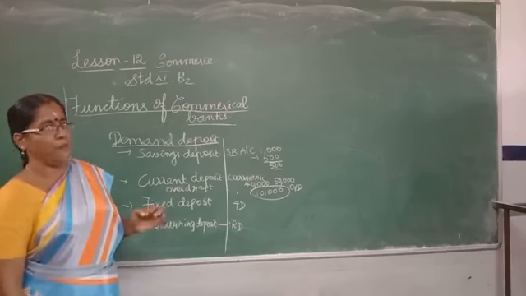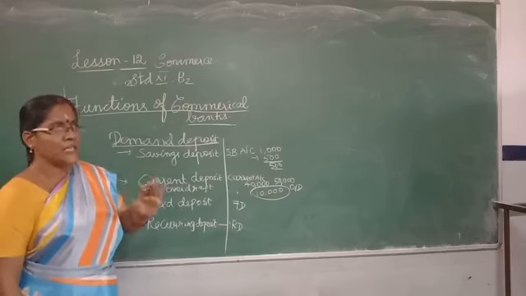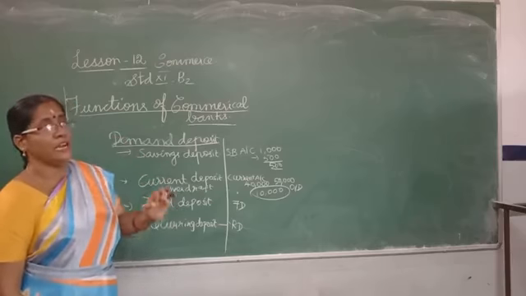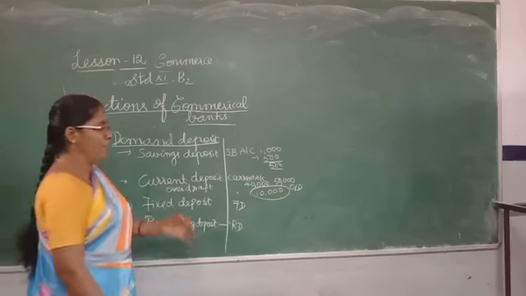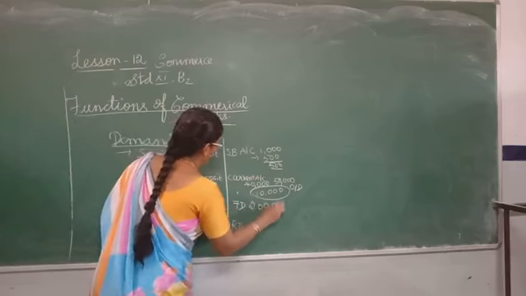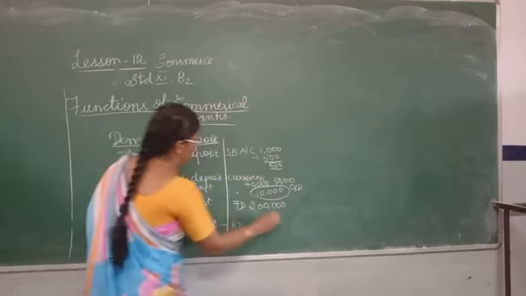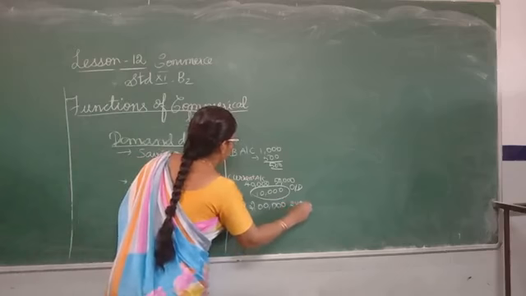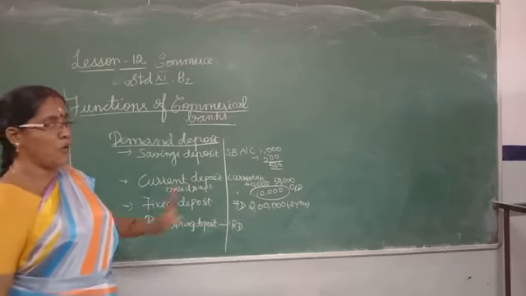By the word itself, we get to know fixed means it will be deposited for a fixed period. For example, I am depositing 2 lakh rupees in Canara Bank for 2 years. For 2 years, I can't withdraw the amount.